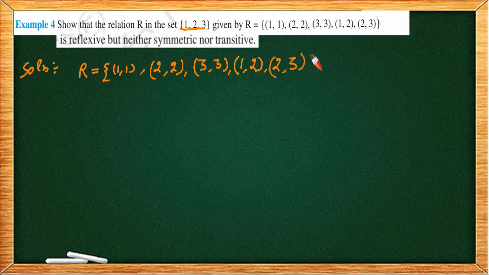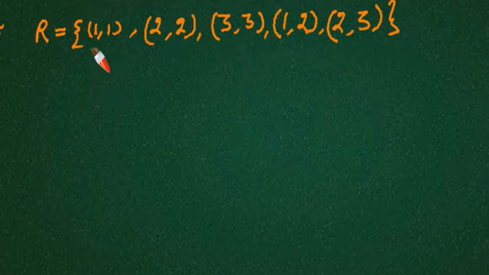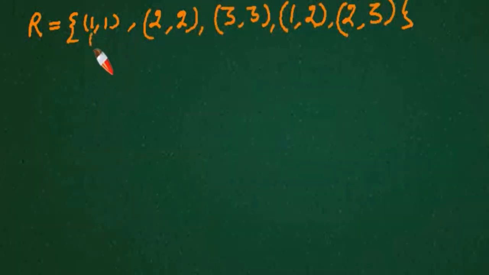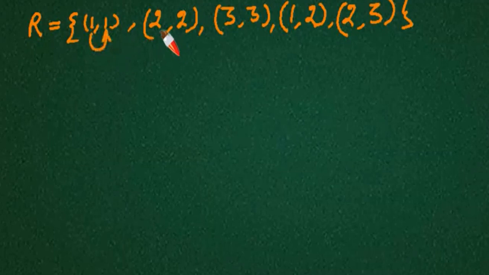Now we have to check this relation for reflexive, symmetric, and transitive. So here we see this relation is reflexive as 1 is related to 1, 2 is related to 2, 3 is related to 3.